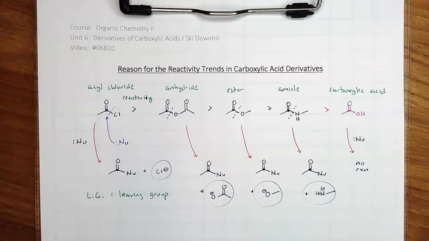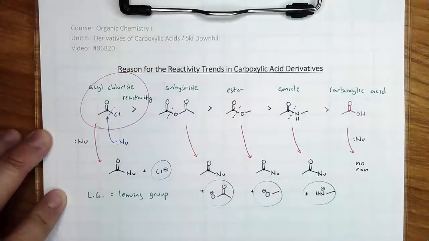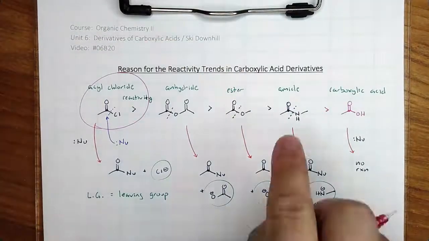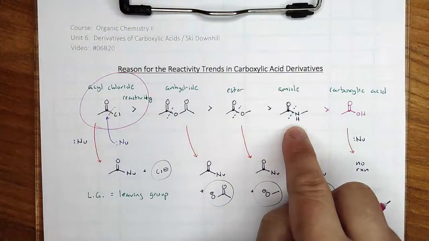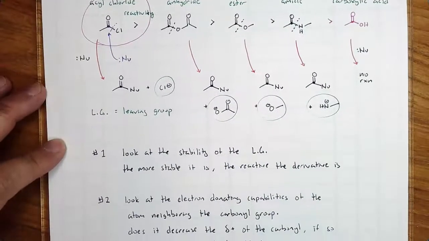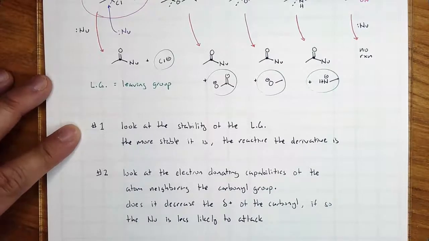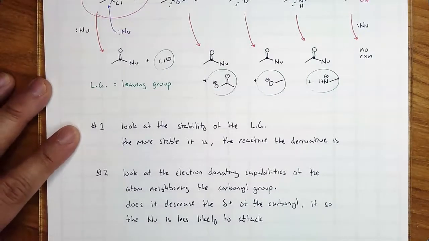Now there are two schools of thought when trying to describe why acid chlorides or acyl chlorides are the most reactive and why amides are the least reactive. The two schools of thought are listed here. Number one is probably the easier one to visualize.